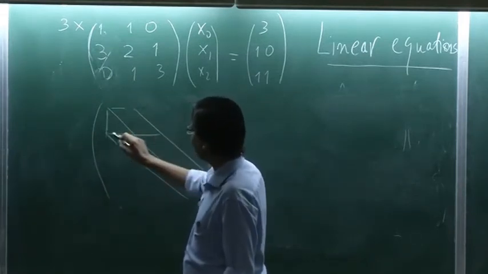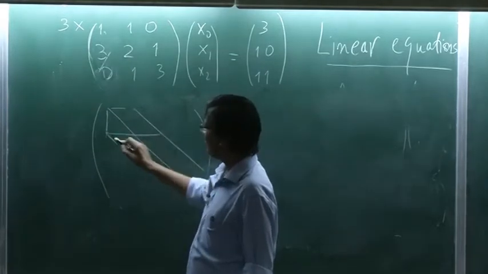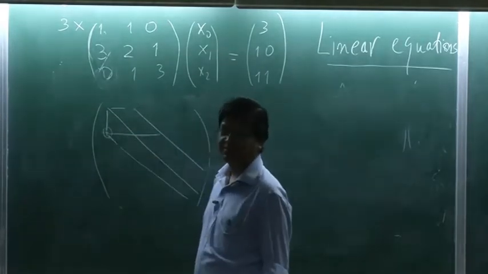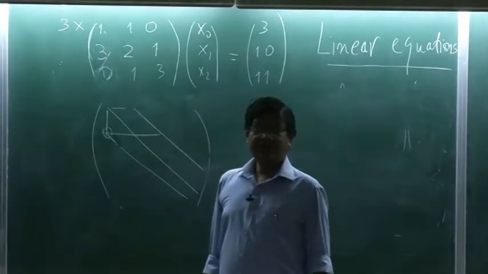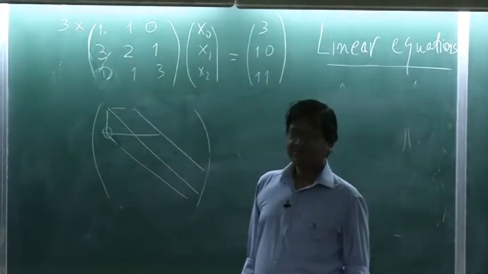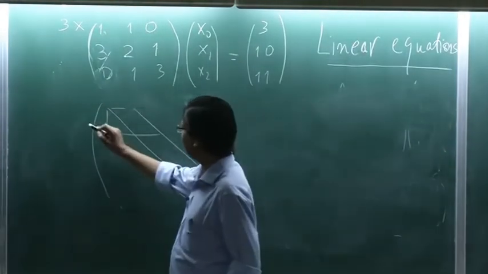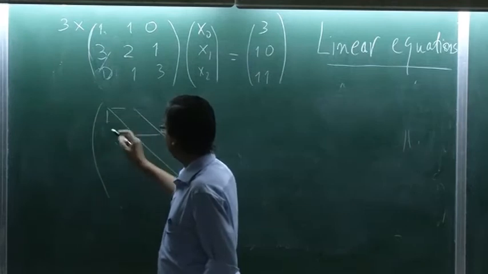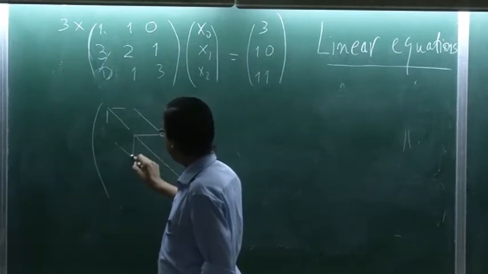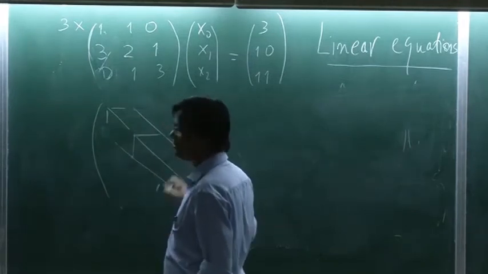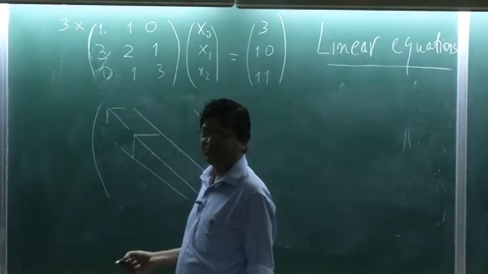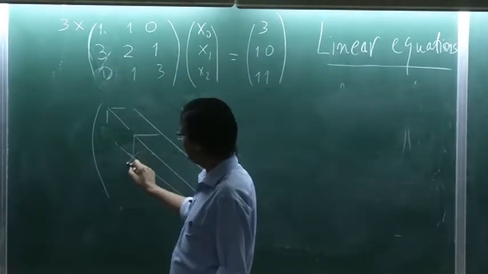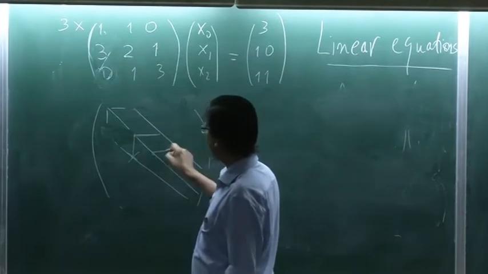Next time I have 3 entries, 1, 2, 3. So, I have to get rid of this. How do I get rid of this? Gauss elimination. Once you eliminate this, I am left with this one. Now, I have 3 entries here. What do I do? Eliminate, then I get 2 entries.